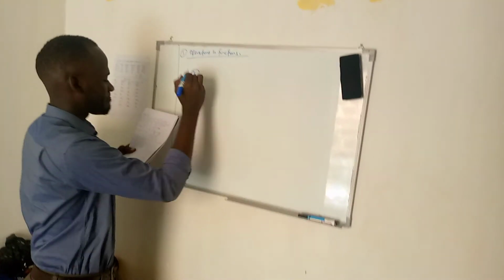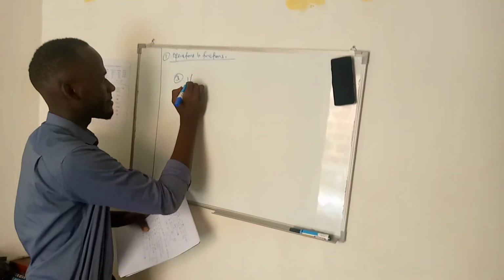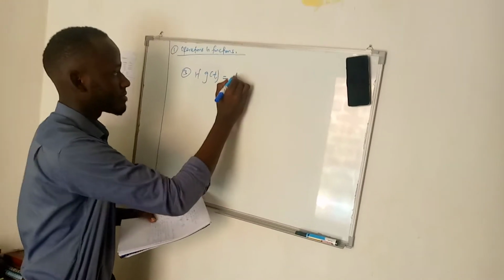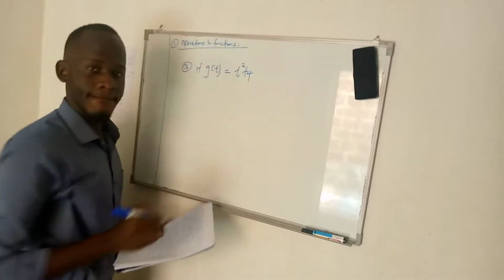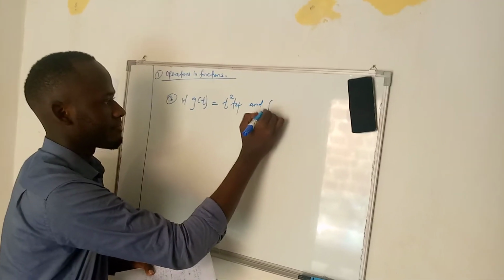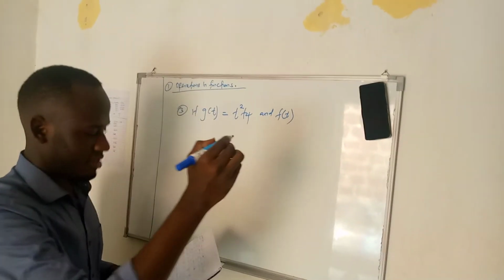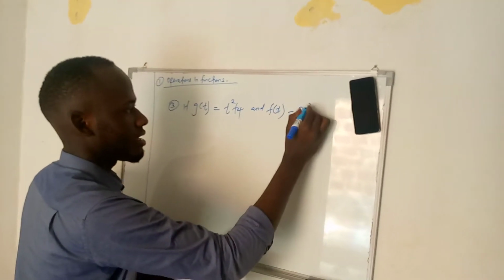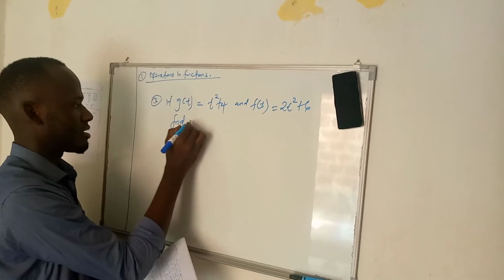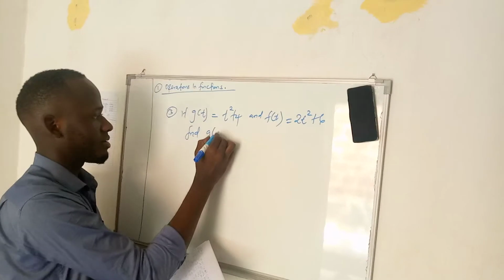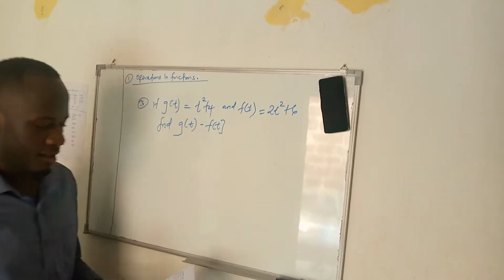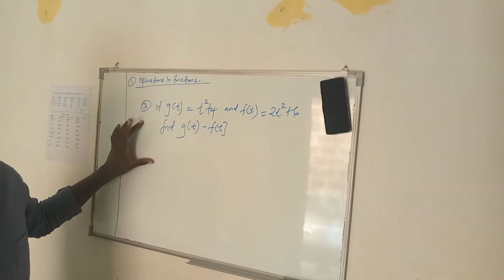Our number 3 says: if g of t is equal to t squared plus 4, and f of t is given by 2t squared plus 6, find g of t minus f of t. So they want us to work on this.